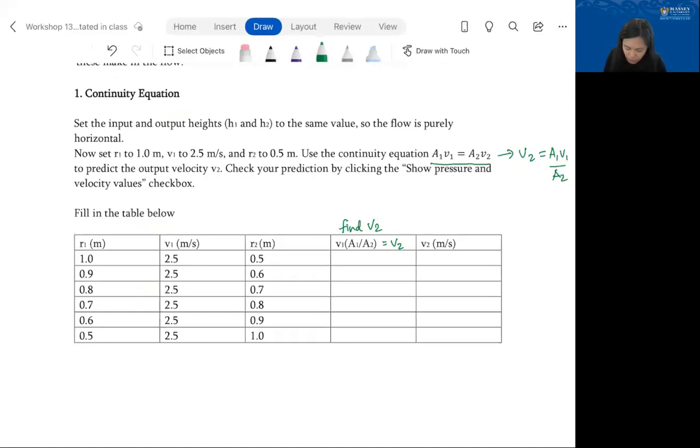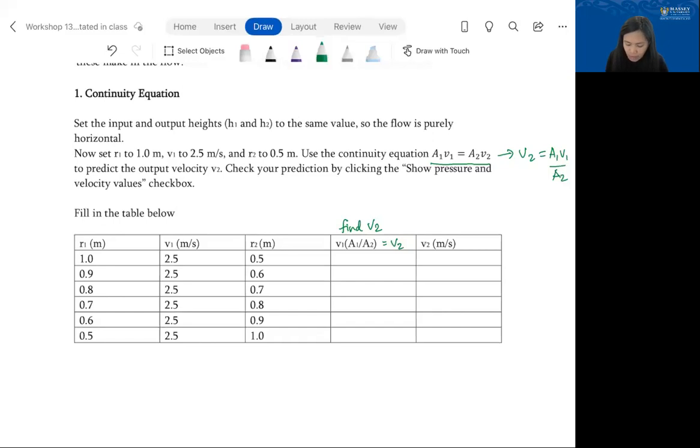Right, so the first question on continuity equation, filling out this table, we won't fill out all the blanks here. I'll just do one to demonstrate the solution, and then you can do the rest for practice. So we're given the continuity equation A1 V1 is equal to A2 V2.